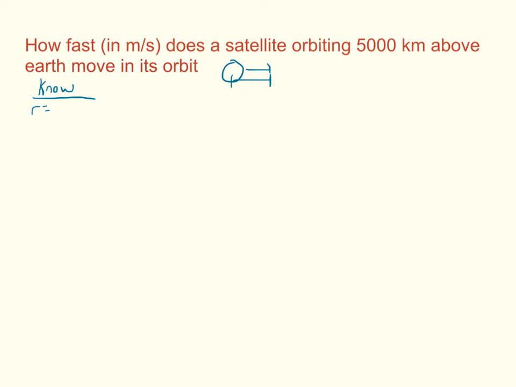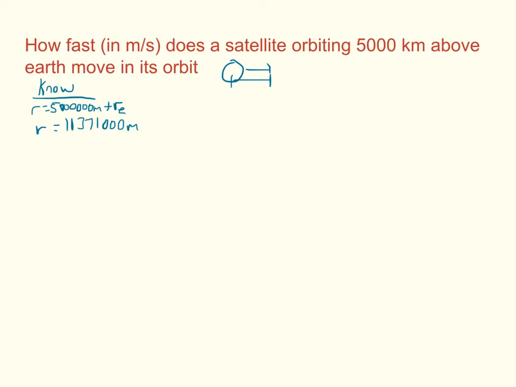So what I have to do for my radius is take 5,000 kilometers, which is 5 million meters, plus the radius of the Earth for my actual orbital radius. So that is 6,371,000 for Earth plus the 5 million for the satellite, and I get 11,371,000 meters for my known radius.